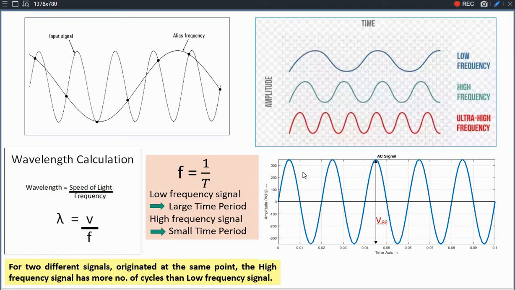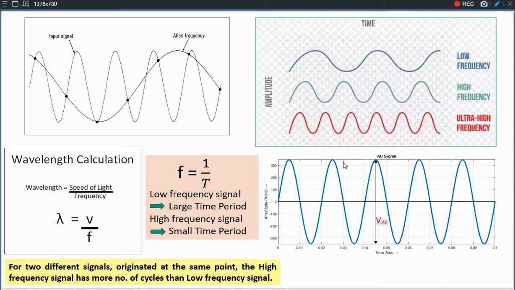Now to the newcomers in the field of communication engineering, since all the communicating signals are drawn in sinusoidal form, I must suggest all the students make a practice of drawing the sinusoidal waveform in this form, where you have to mark proper points on the x-axis as well as the y-axis.